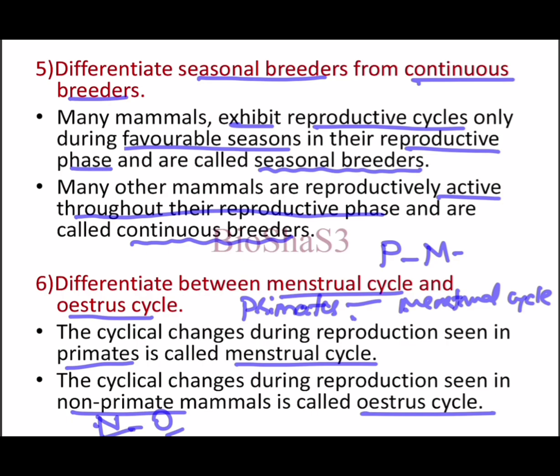For primates, it's menstrual cycle, PM, and NO. I hope this trick will help you guys to recognize which is a primate and which is a non-primate. The primate which starts with P will have a menstrual cycle, that is PM, and the oestrous cycle that is happening in case of the non-primate, so that is NO, no. So like this you can remember, it's a small trick.